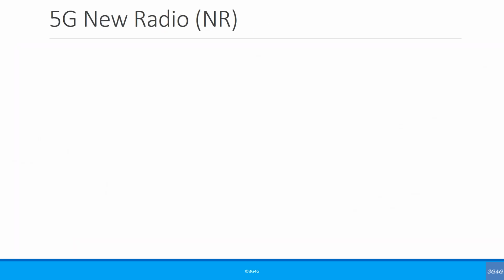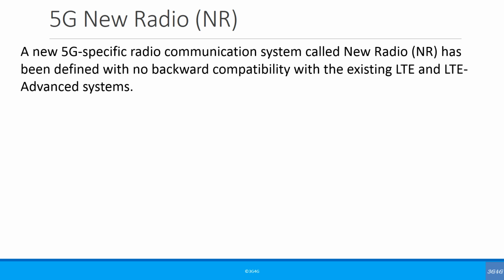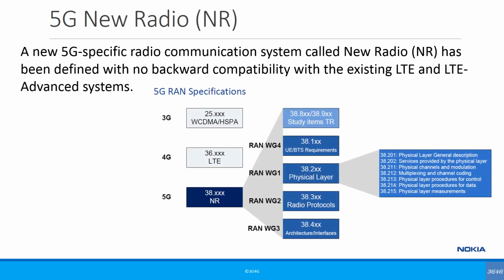Then 5G new radio. So a new 5G specific radio communication system called new radio, NR, has been defined with no backward compatibility with the existing LTE and LTE advanced systems. So you remember in case of 3G or WCDMA or UTRA, we had all the radio specific information in the 25 series.